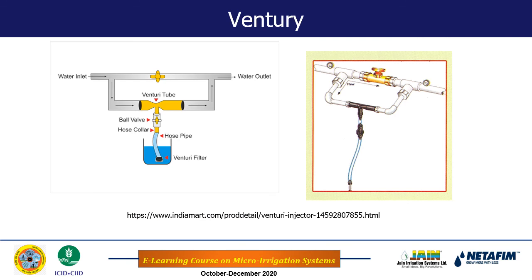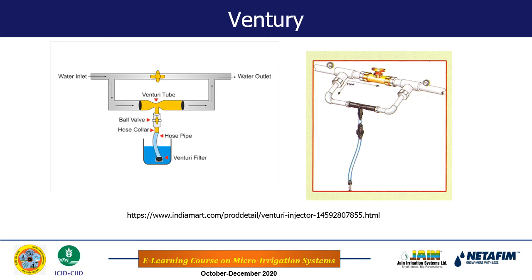And the venturi, which is most predominantly used. So you see it is very easy. In this case also concentration is a problem. But as you see, this venturi is based on the principle of the venturi tube.